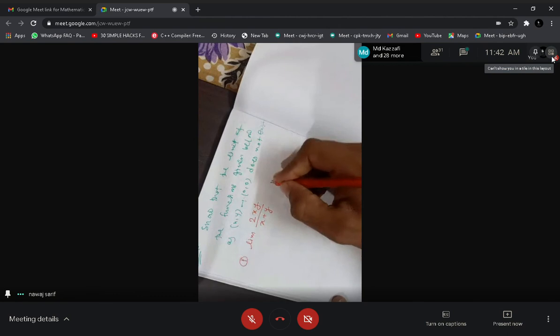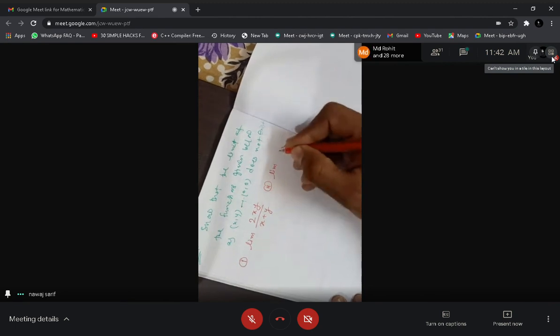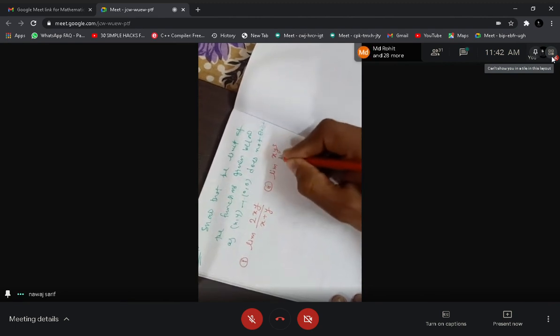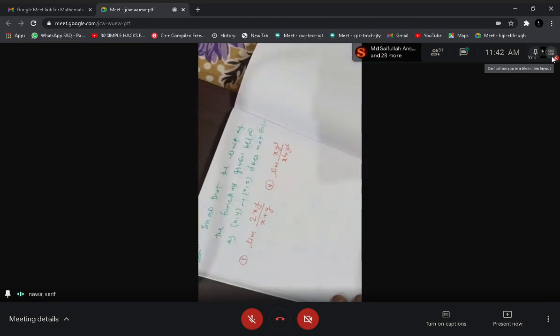Number 2, limit of x y cube by x square plus y to the power 6.